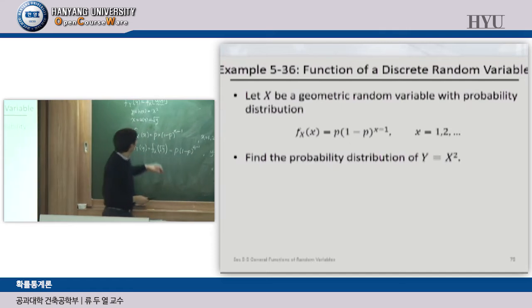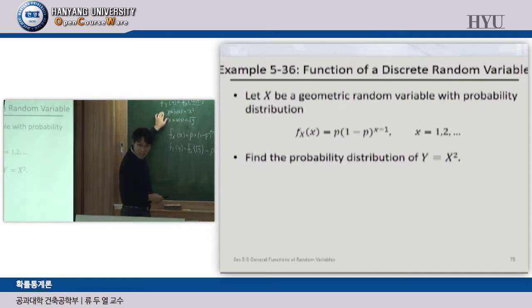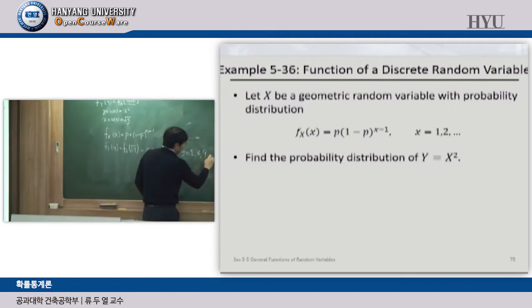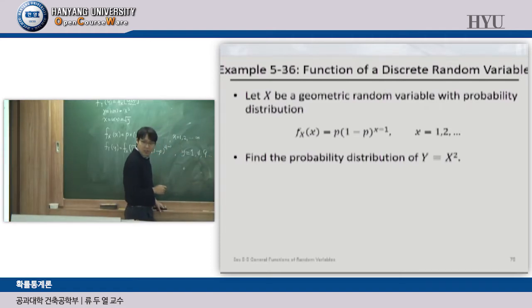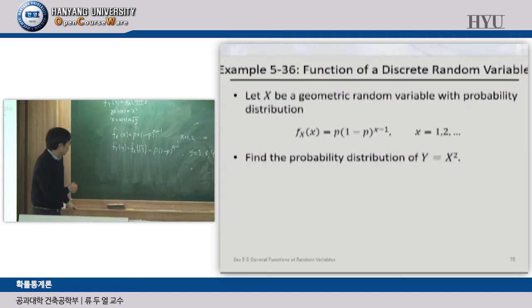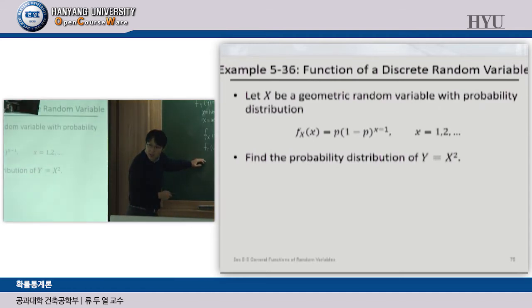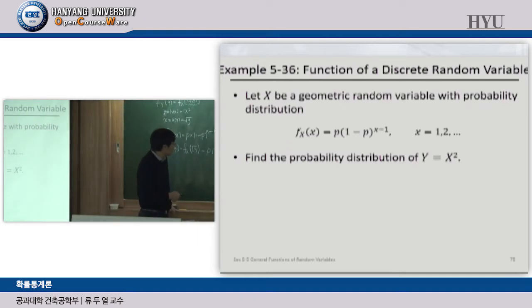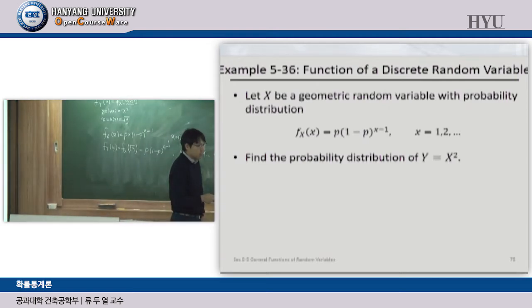And also, when x is equal to 3, y is equal to 9, and so on to infinity. So, this is the probability mass function of y. That is equal to p times (1 minus p) to the root y minus 1 power when y is equal to 1, 4, 9, and so on to infinity. So, this is the answer for this example 5-36 for the case of the discrete random variable.